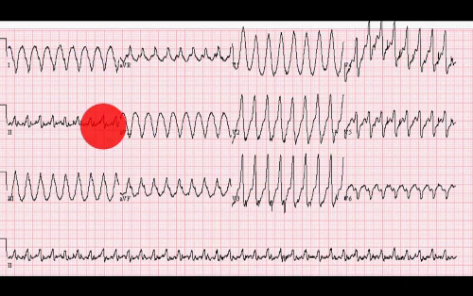In other words, of waves, P waves, that are about 1 box wide, actually less than a box, about 4 small boxes wide. But it's by no means definite. So I would say ventricular tachycardia, cannot exclude atrial flutter, and that would be my diagnosis. Good.